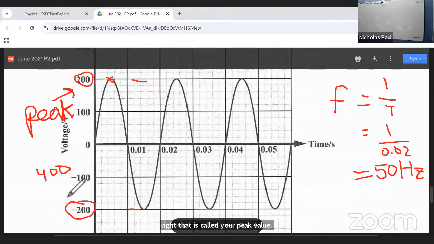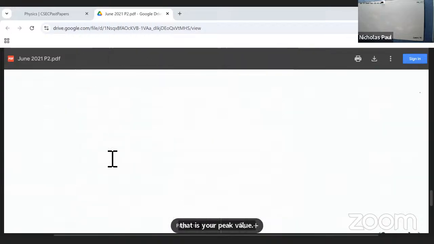That's peak value, right? Let's go again. That is your peak value. Now you have to calculate the frequency.